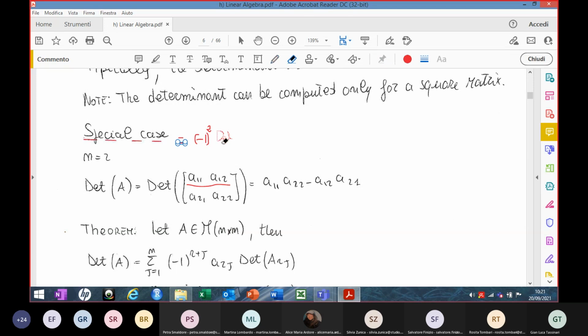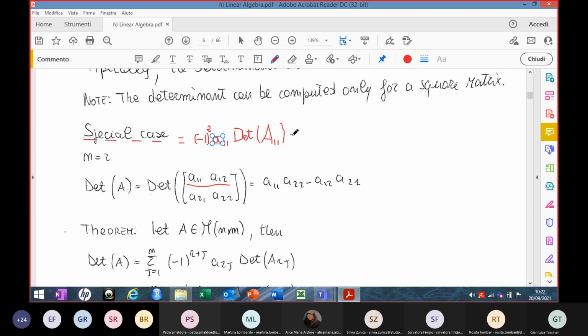I want to follow exactly the definition, sorry. So, I told you, times what? This element, A11, times what? The determinant, we follow exactly what I wrote, determinant of the matrix you get by deleting the first row and the first column of A, and I call it capital A11. I'm simply following, guys, the definition above, okay?